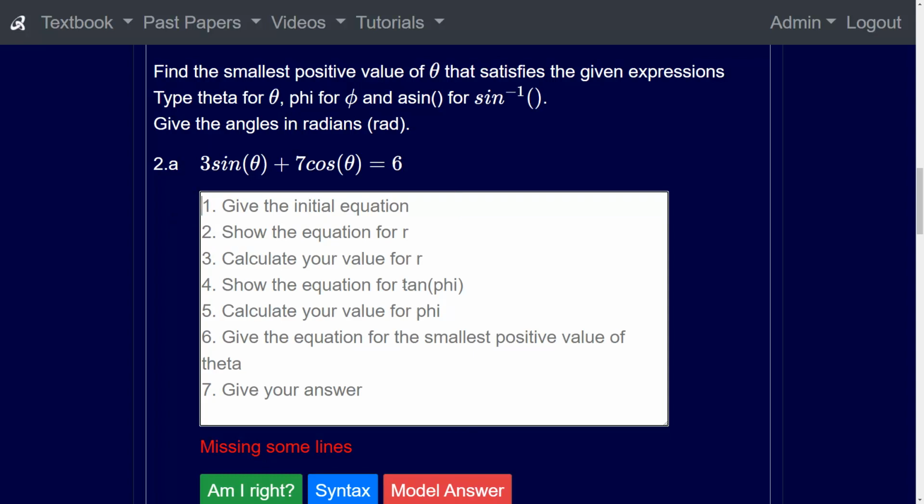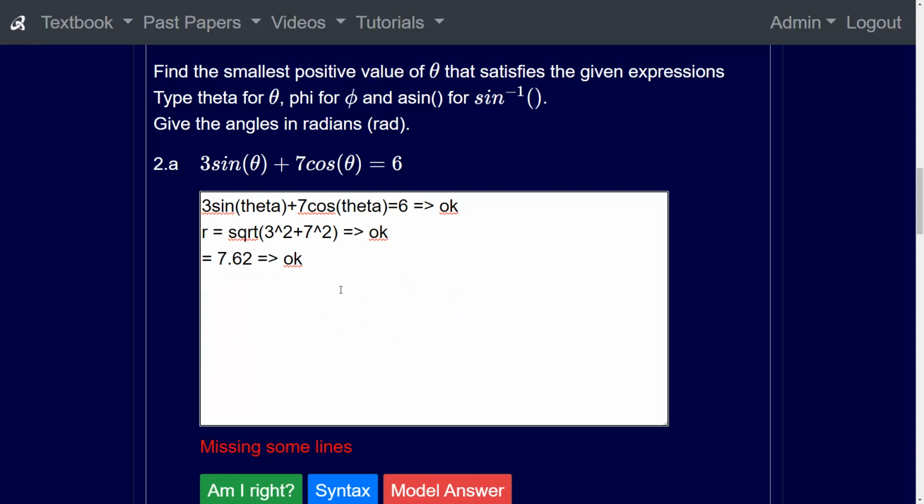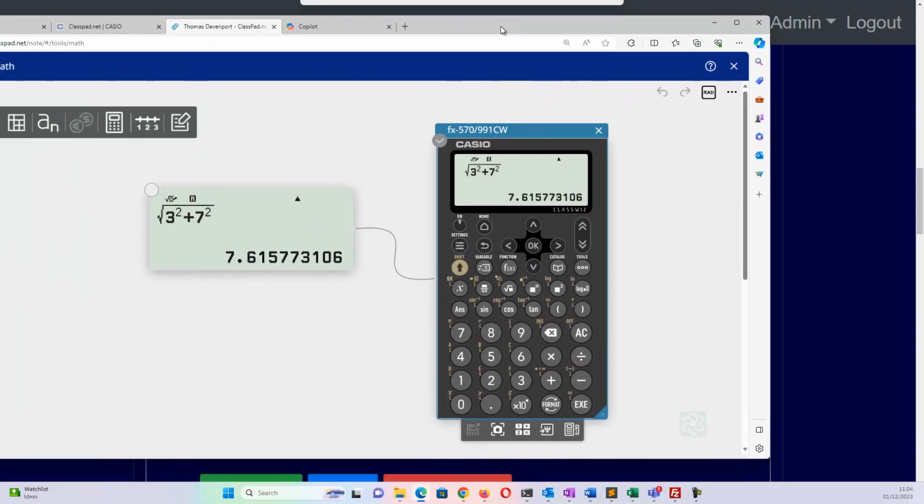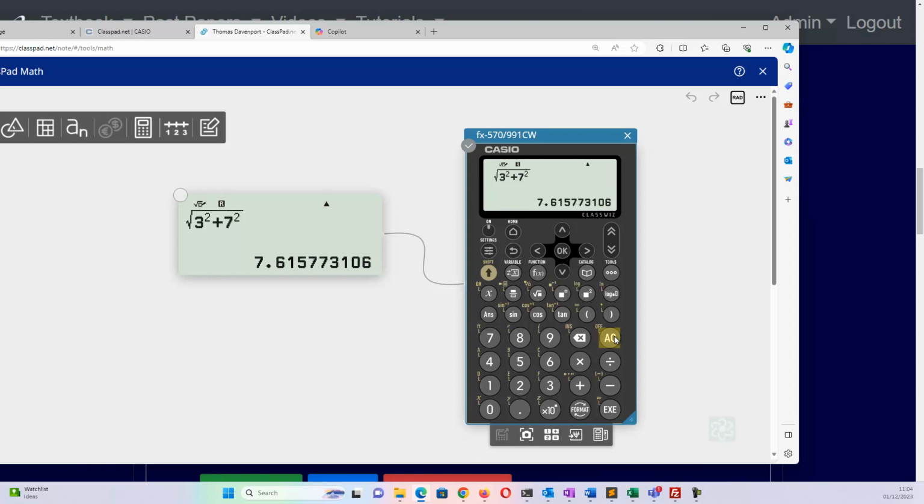Next, we've got to show the equation for tan phi and calculate the value of phi. So we'll put those back. So tan phi is equal to 7 over 3. Remember, it's b over a, so it's going to be 7 divided by 3. So phi is going to equal, we'll get the calculator again, clear that.